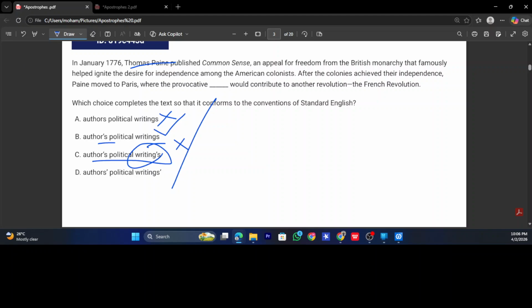D is also incorrect because the context requires the singular possessive noun author and the plural noun writers, not the plural possessive noun authors or writers.